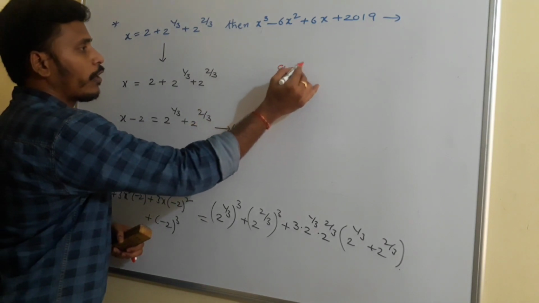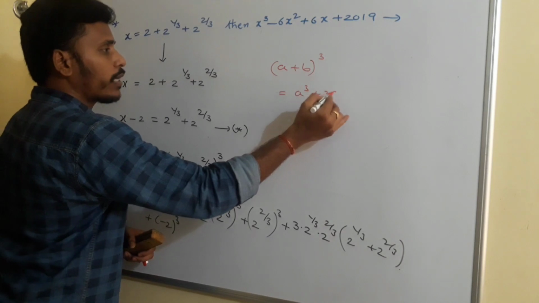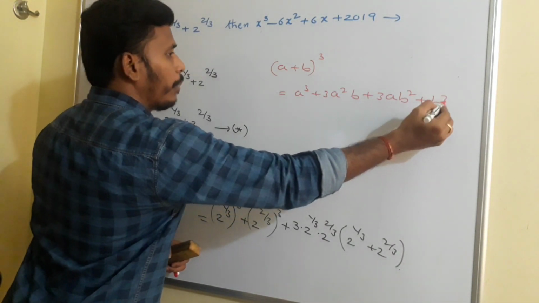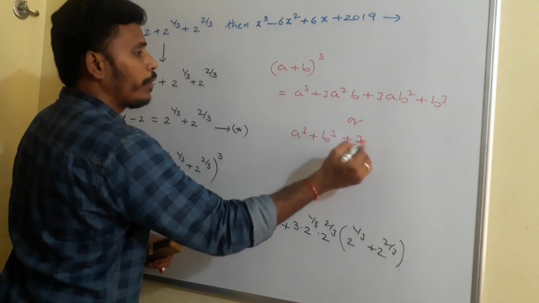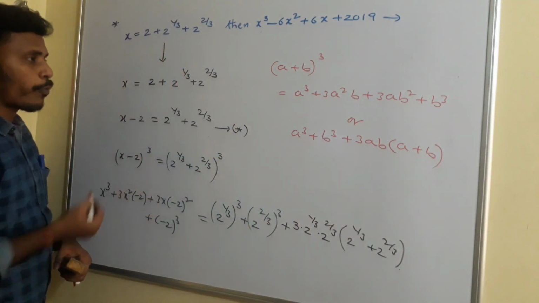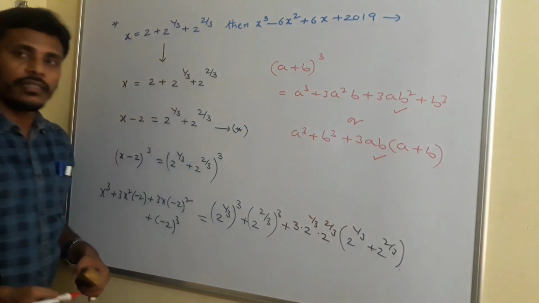I am mentioning them here for your sake. (a plus b) whole cube can be written as a cube plus 3a square b plus 3ab square plus b cube, or otherwise you may write it as a cube plus b cube plus 3ab(a plus b). For this problem, on the left side I am utilizing the first one, on the right side the second one.